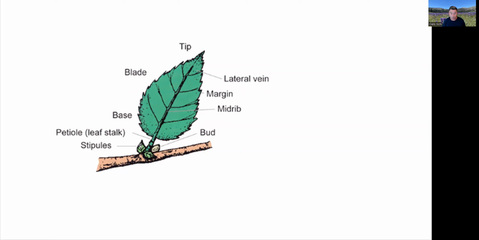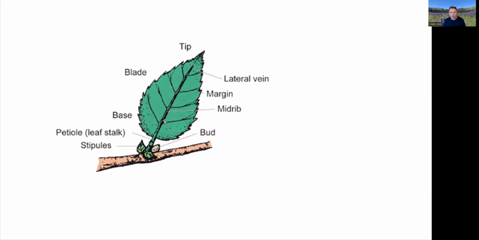And the stipules are typically there to protect that bud until it's developed. And then after it's developed, typically they fall back a little bit and they look like 2 little leaf-like things right where the petiole joins the stem. Okay, stipules.